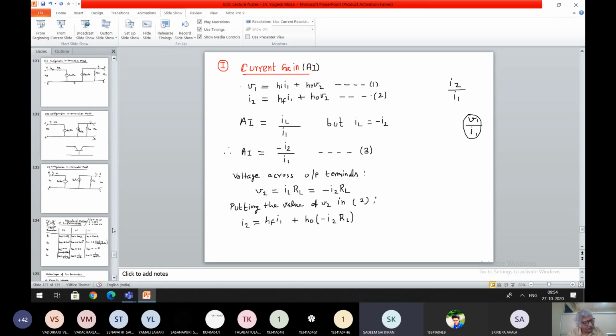Okay, only the H parameters concept. Actually, this H parameter is very important if some student is aiming to write the GATE examination also, right? Because there are questions based on these things. So it is important there.